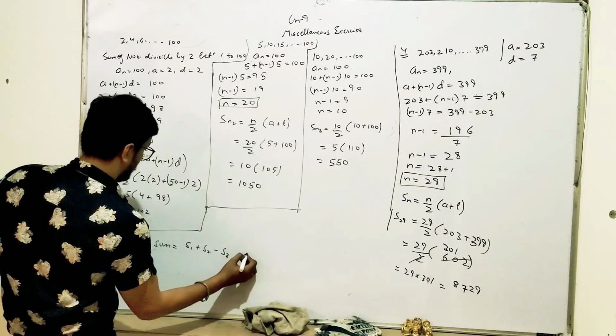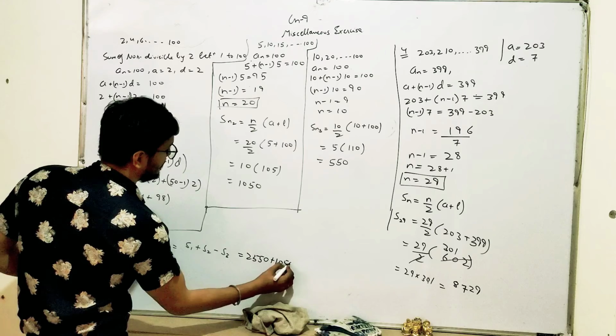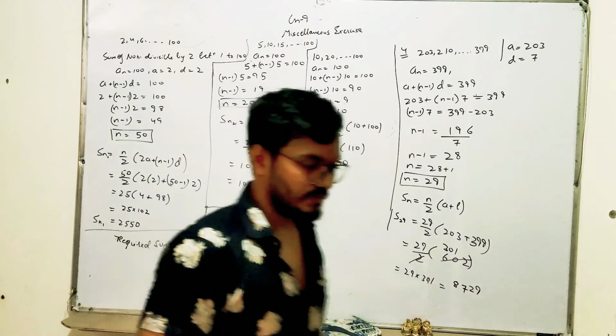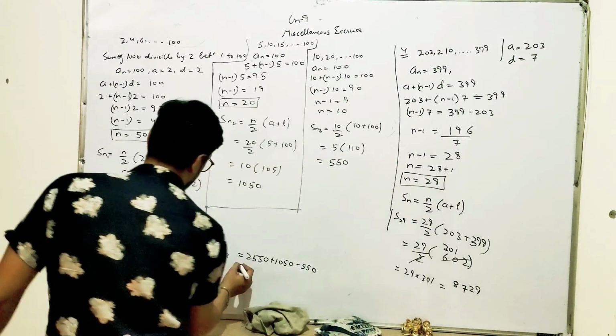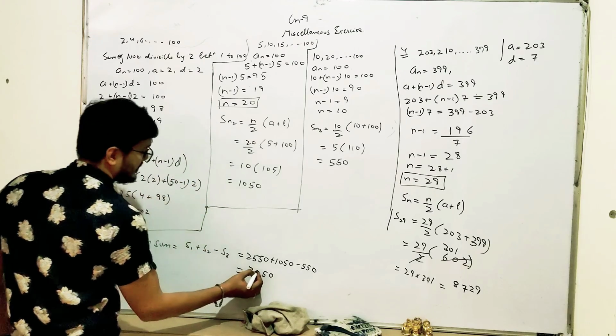So this will be 2550 plus 1050 minus 550, right? So just determine the answer. It will be 3050, right? 3050. So this is the required sum.